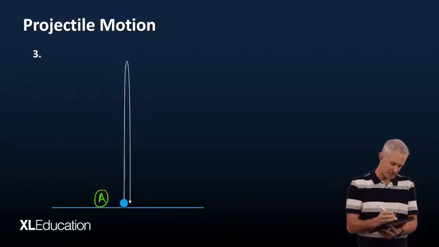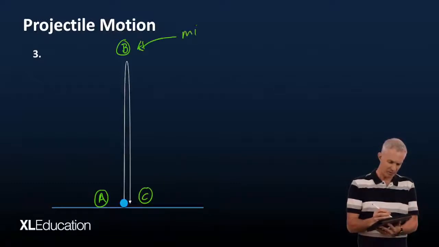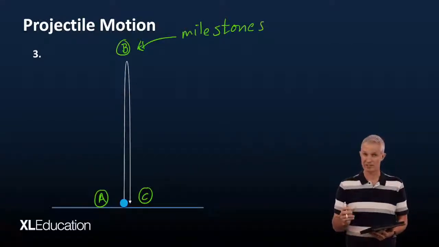Now you've noticed I've already been doing these little letters. I call these milestones, and it's so helpful to have them as a personal reference. The examiner doesn't need them, but it helps you know which part of the journey you're looking at. Because that's one of the easiest mistakes to make with projectile motion.